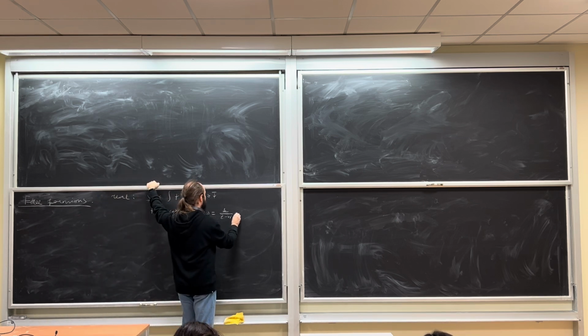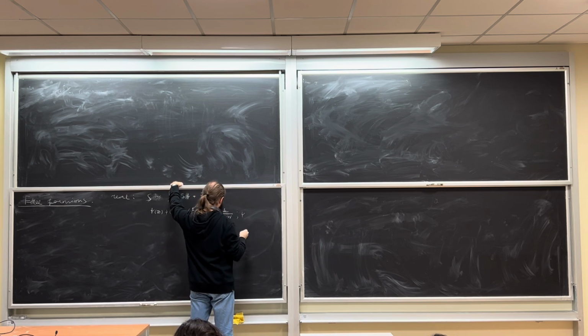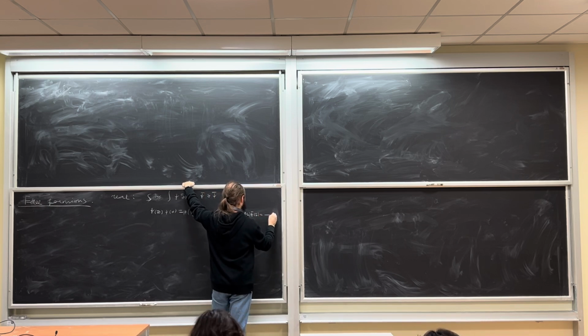So, and if you write psi bar of z bar, psi bar of w bar, it will be 1 over z bar minus w bar, of course.